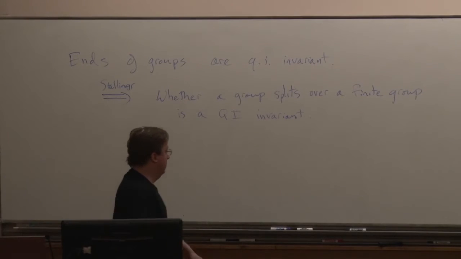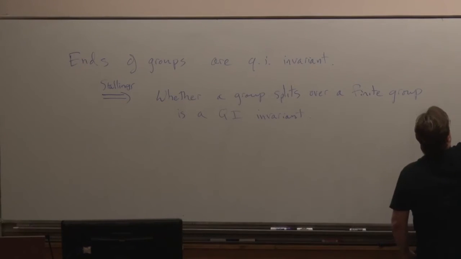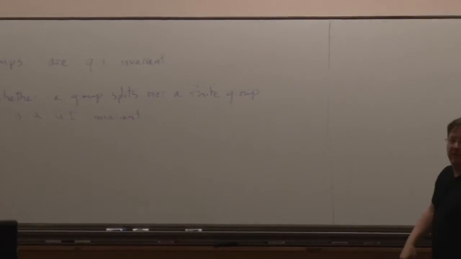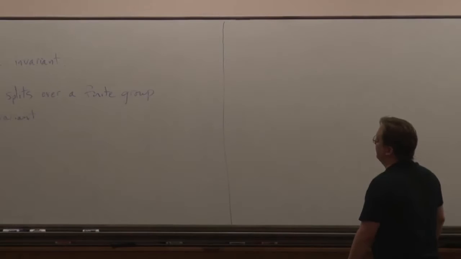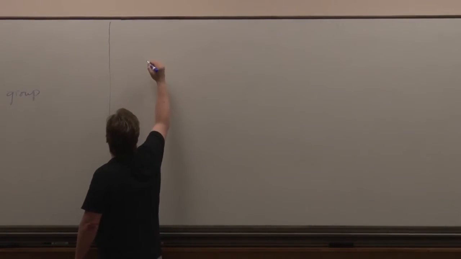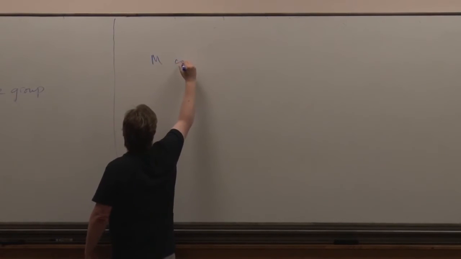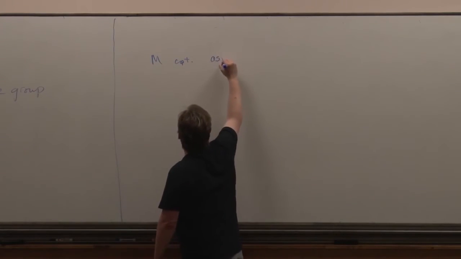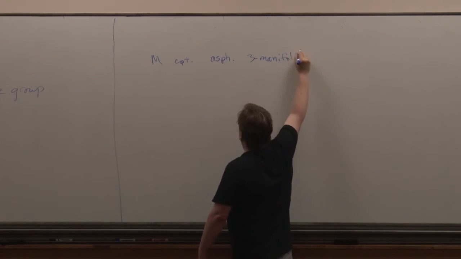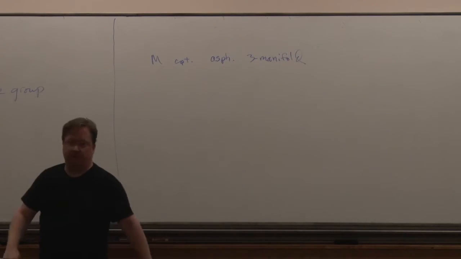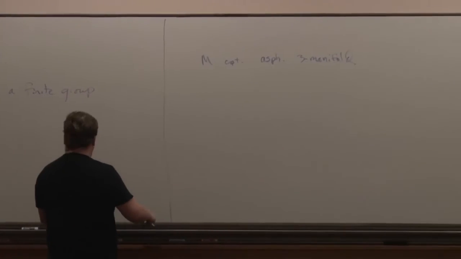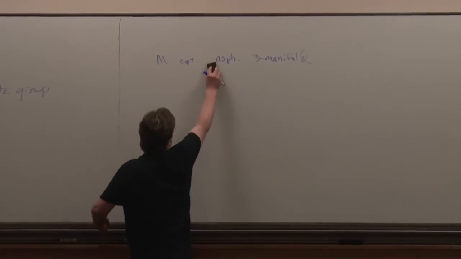So if I mentioned I would say something about geometrization in three manifolds, let me just quickly point out that for M compact, let me just say a spherical three manifold. I can never remember what the other words the three manifold topologists use that are going to mean that. In any case, we can split it. Well, we don't even really need that.